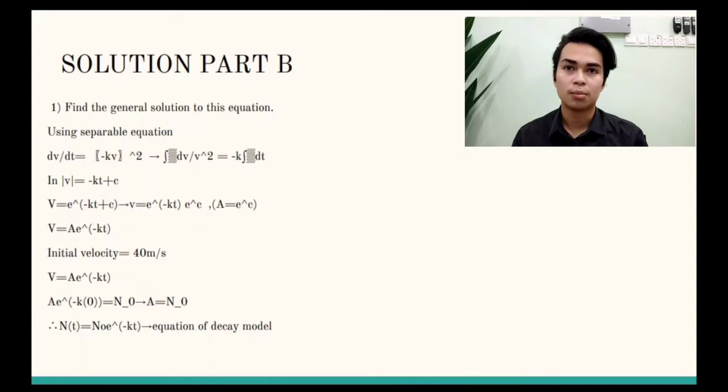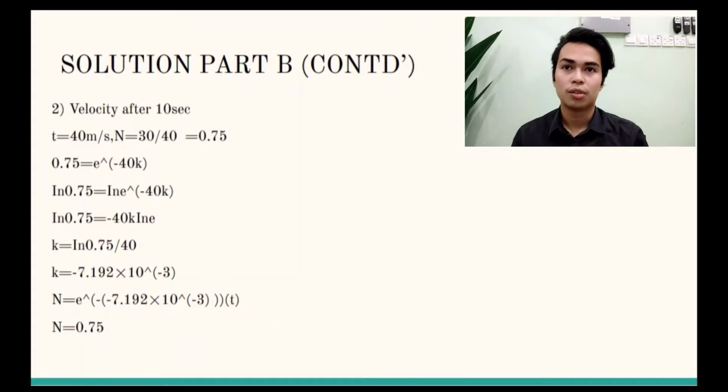Okay, after that the second problem is we need to determine the velocity of the fluid after 10 seconds. So the first thing we need to do is determine the equation of decay, which is N of t equal to N0 exponent to the power of negative kt.